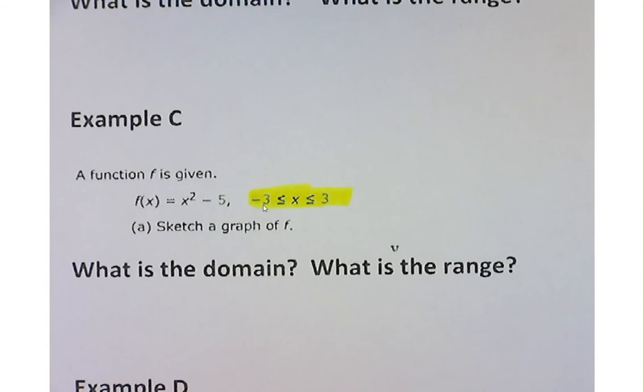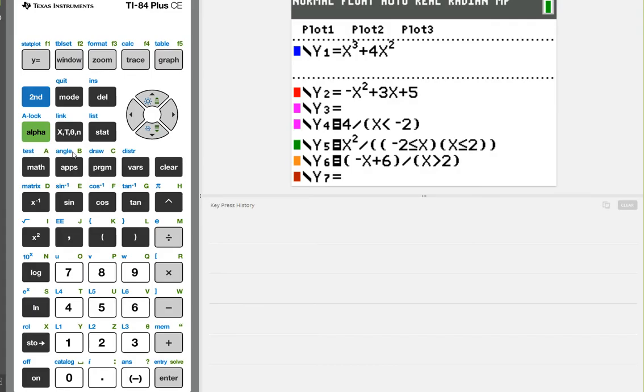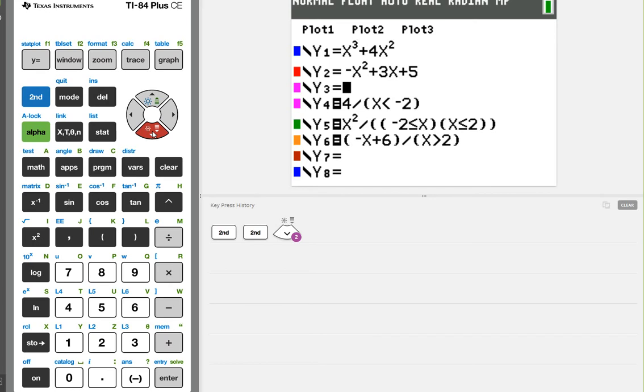And that gives us a way to get after this graph without being too fancy with those piecewise type functions we did back in section 2.2. So let me enter that into my calculator. I'm just going to delete some of these old values here.